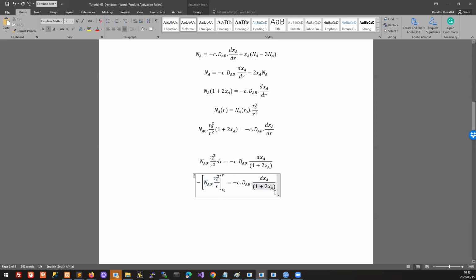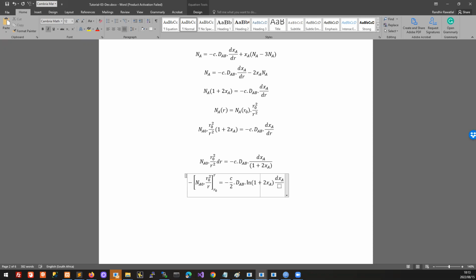And then if you integrate this, this is the ln of 1 plus 2xa. So we can say ln of this thing. The brackets. Ln of this, and then it's a 2, so we need a 1 over 2, so we need to divide by a 2 here.